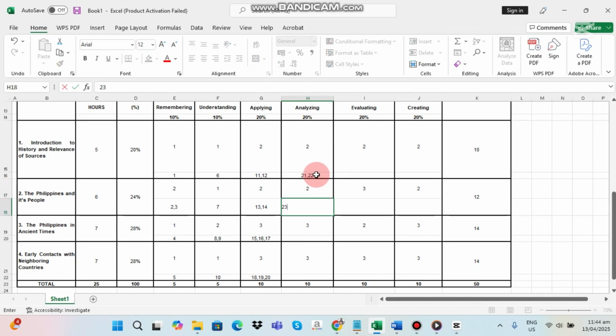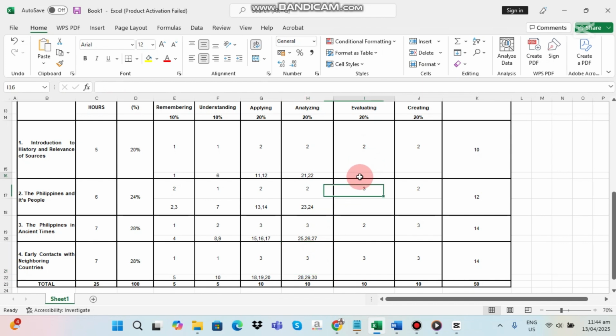And then 23 and 24, so 25, 26, and 27. Then 28, 29, and 30, since we have 3 items here.